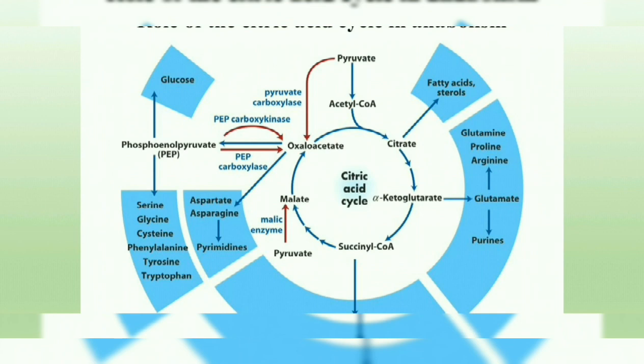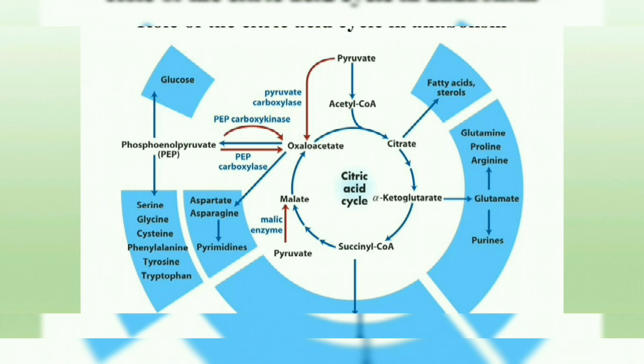The main part of the TCA cycle is the oxaloacetic acid, which is replenished back with the help of the phosphoenol pyruvate, with the help of the enzymes PEP carboxykinase and PEP carboxylase. And we have the pyruvate, which is being converted into oxaloacetic acid with the help of the pyruvate carboxylase.